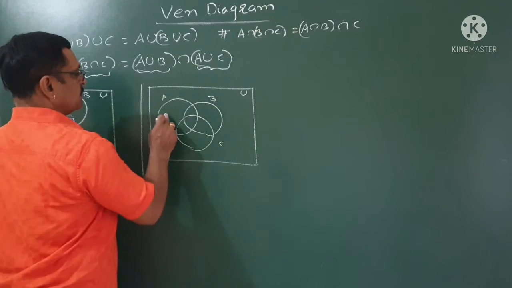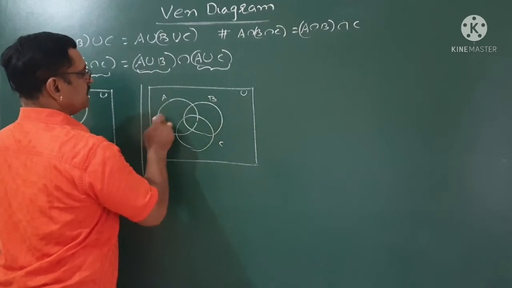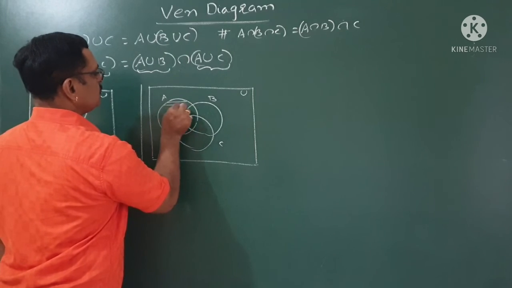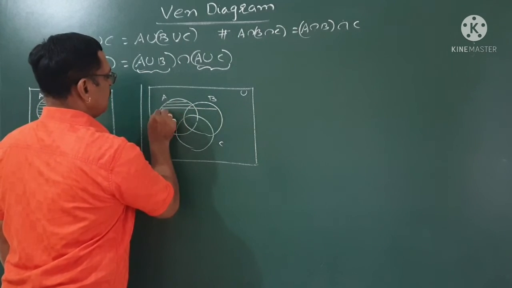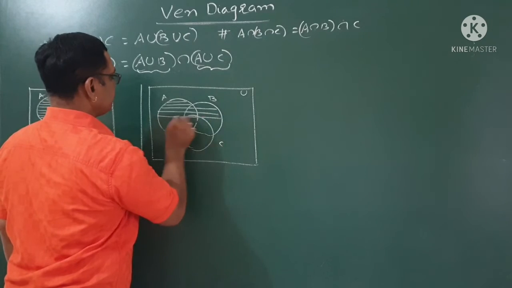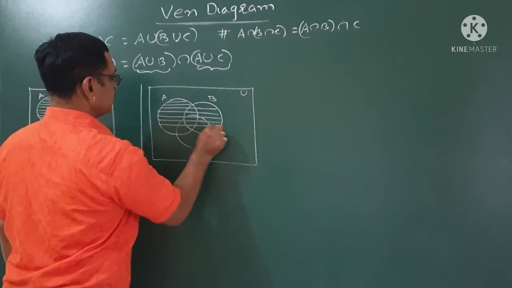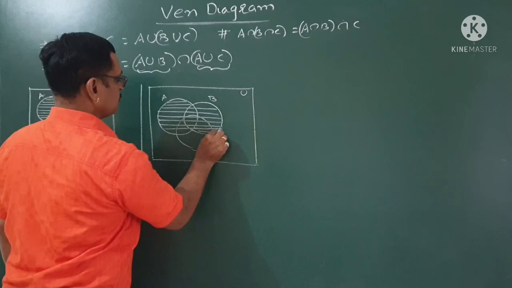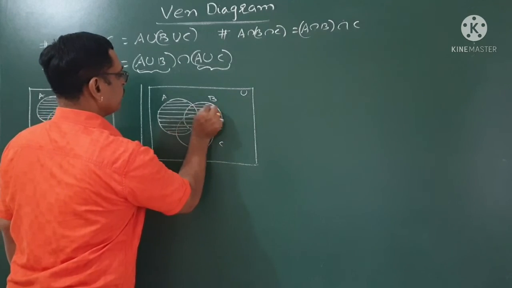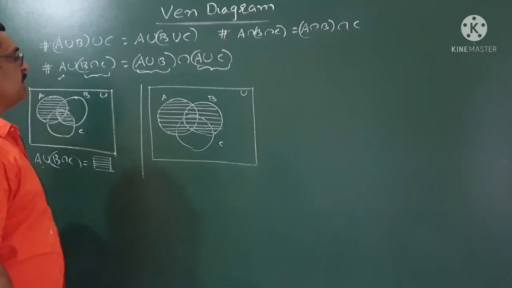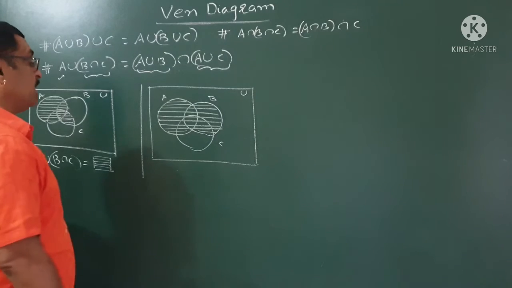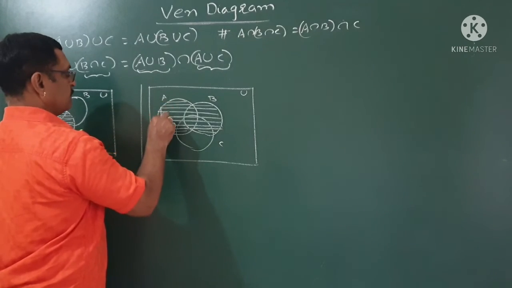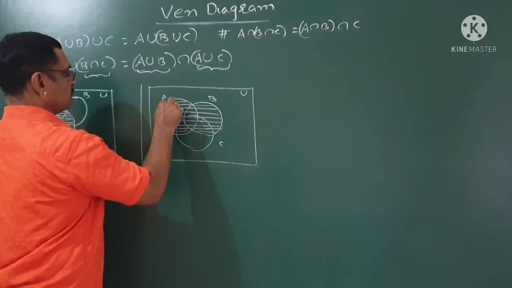Where you find these two circles represents A union B, so I use horizontal lines to represent A union B. Next one, A union C. I use vertical lines for A union C.